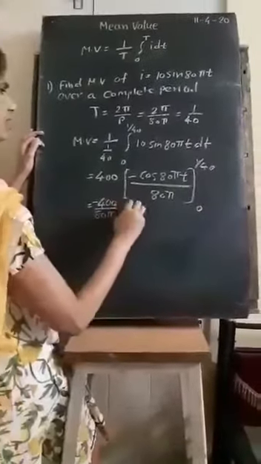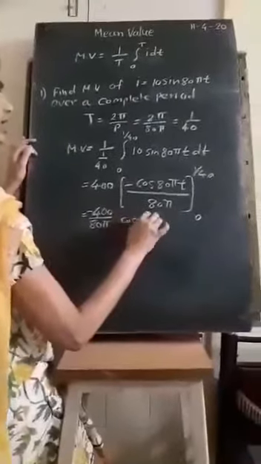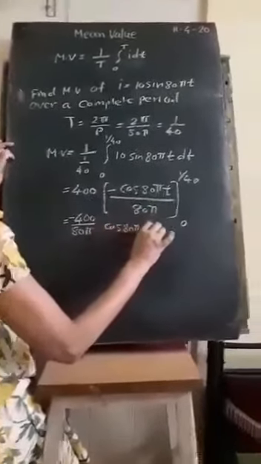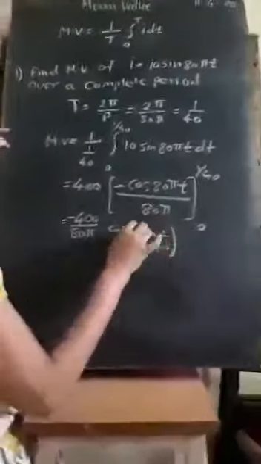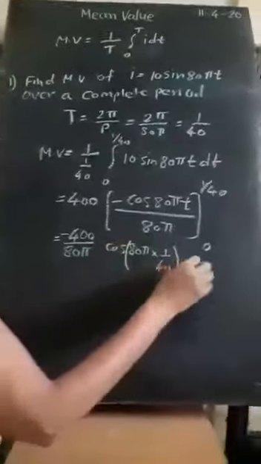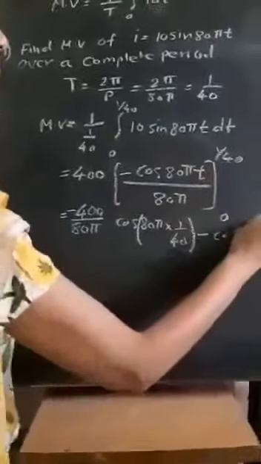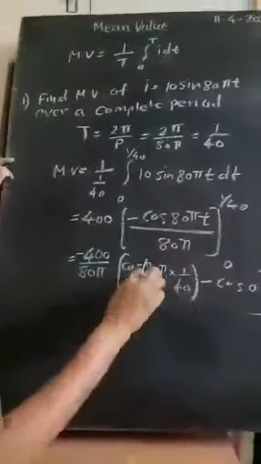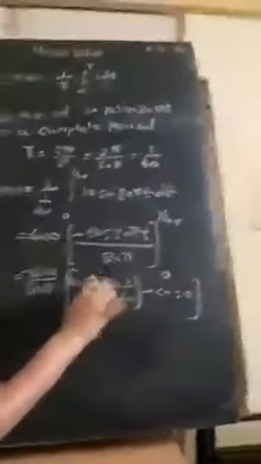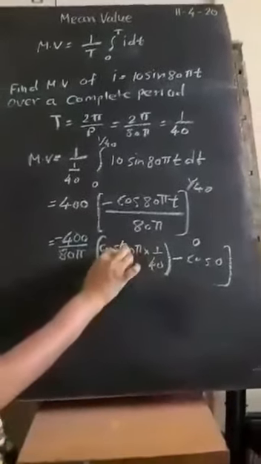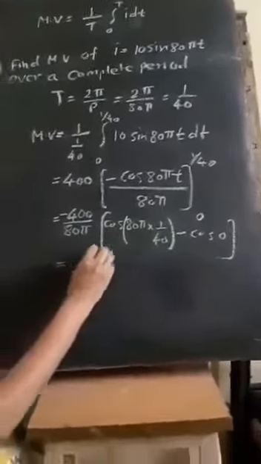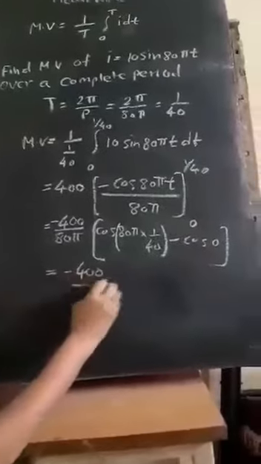And now I will substitute in place of t 1 upon 40. You have to substitute that in the angle, and then minus cos of anything into 0 will be cos 0. So what is the simplification of this angle? This is cos 2 pi, which you can do on the calculator.